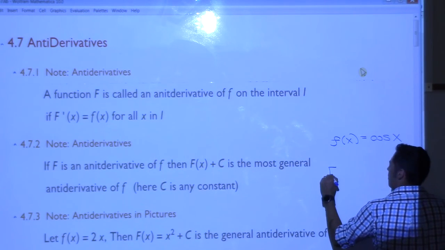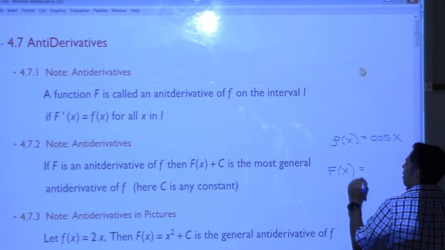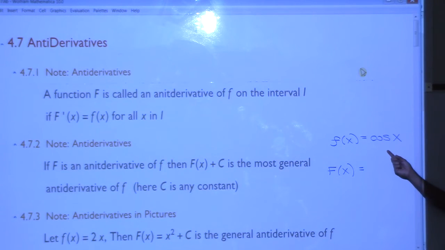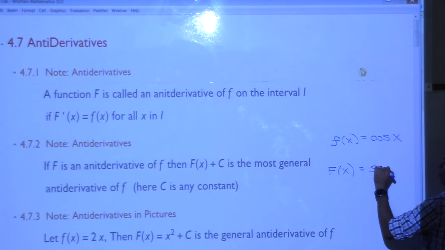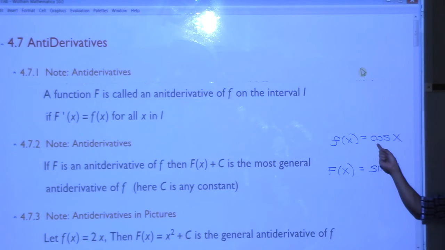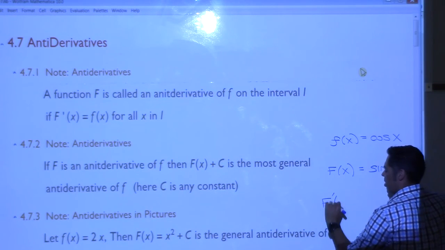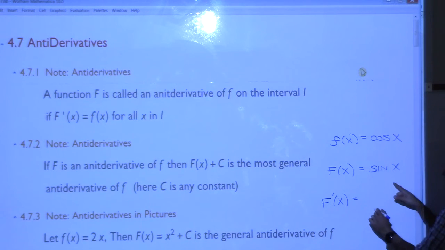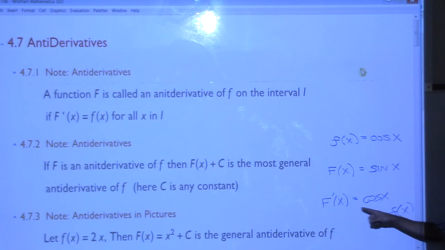Somebody give me an example of an antiderivative of this function. Sine x. Do you all agree that this is true? Capital F is an antiderivative of that because if I take the derivative of capital F, I get little f. Is this pretty clear?